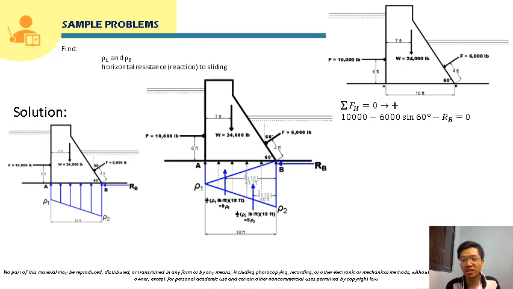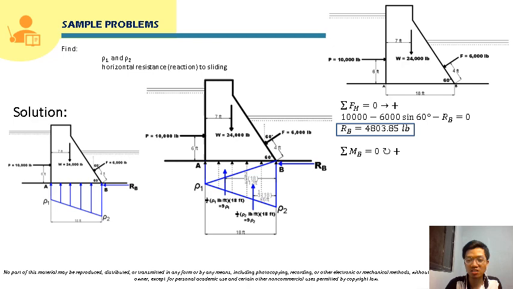We can directly solve for RB by transposing it to the right, so it becomes positive. RB is 10,000 minus 6,000 times sine 60, which is 4,803.85 pound. That is already an answer.